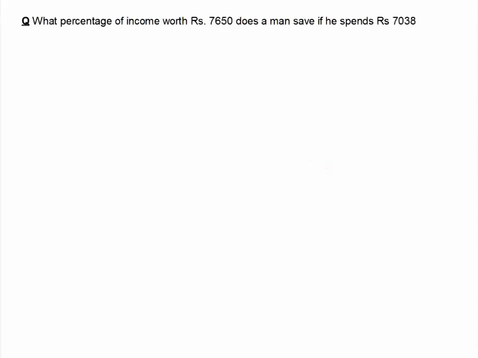What percentage of income worth rupees 7650 does a man save if he spends rupees 7038? So let's see how to approach this problem. First of all, income of this person is given as 7650.